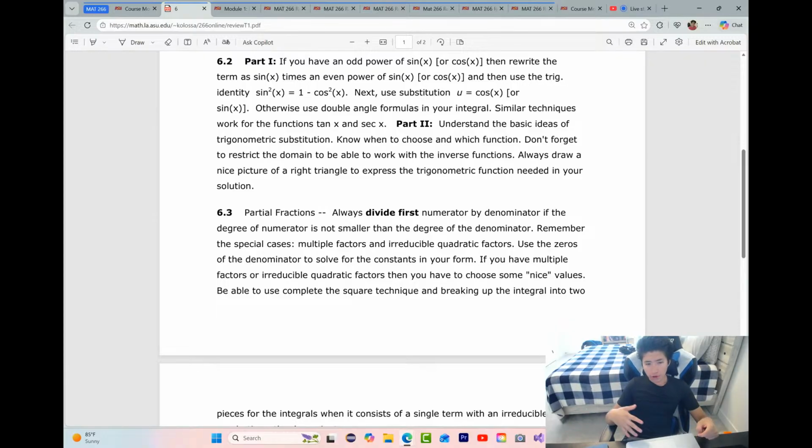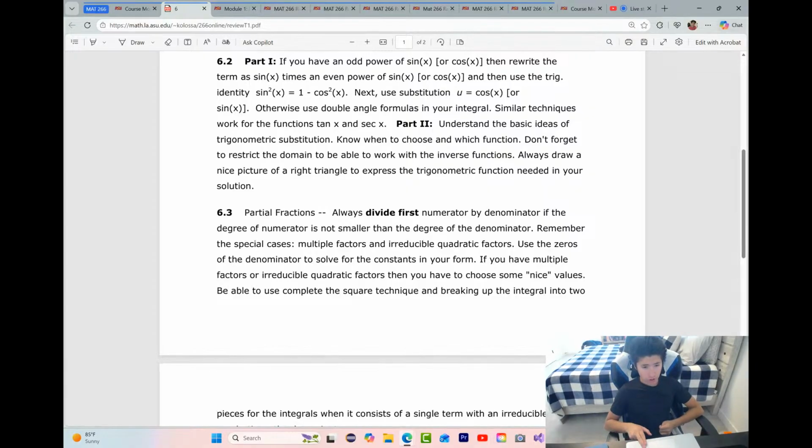Right, if you have sine of x to the power of 3, an odd power, rewrite it as sine of x to the power of 1, or sine of x, times an even power, sine of x to the power of 2. And then use trig. Now, what does that do? We can use the identity sine squared, which we have from splitting the sine to the power of 3, equals 1 minus cosine squared of x. Right. And then we use the u substitution, cosine.